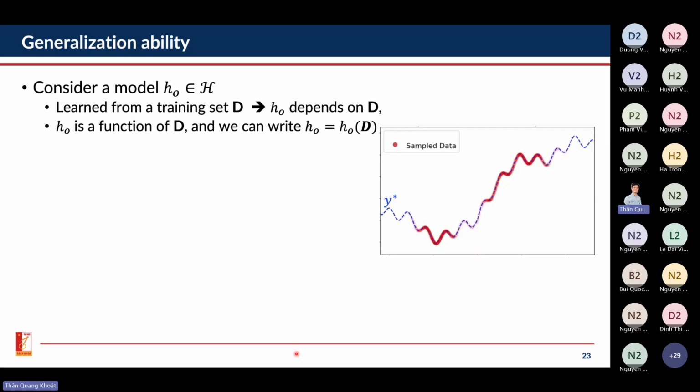Let S0 denote the trained model, and it is trained from a training set D, right? It means that it is a function of the training set. It depends on the training set. So sometimes we can write something like this to show that this function depends on a data set D. Sometimes it is useful for analysis, right?